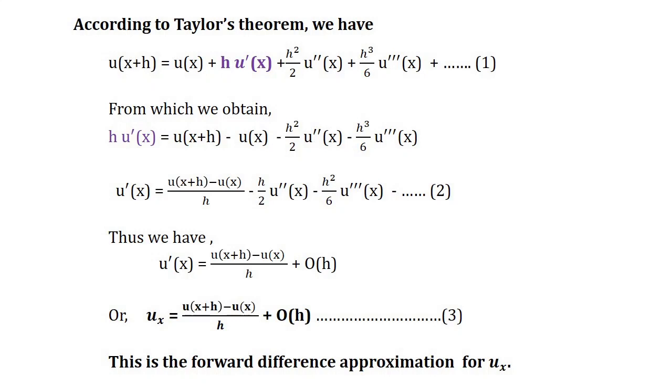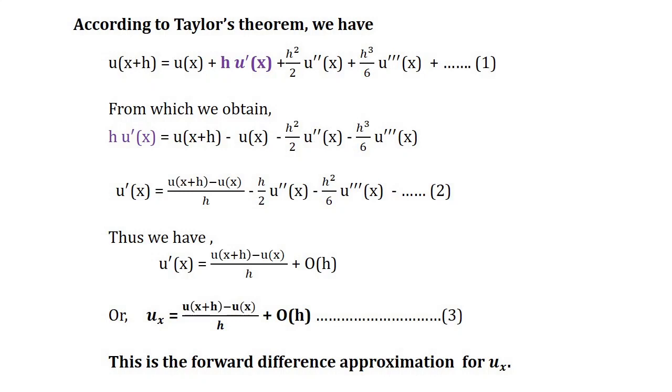Using the Taylor series, we can expand u(x+h) as u(x) plus h times the first derivative of u plus h squared by 2 times the second derivative of u, and so on. Simplifying, we get u'(x) equals [u(x+h) minus u(x)] divided by h plus O(h), where O(h) is called the truncation error.